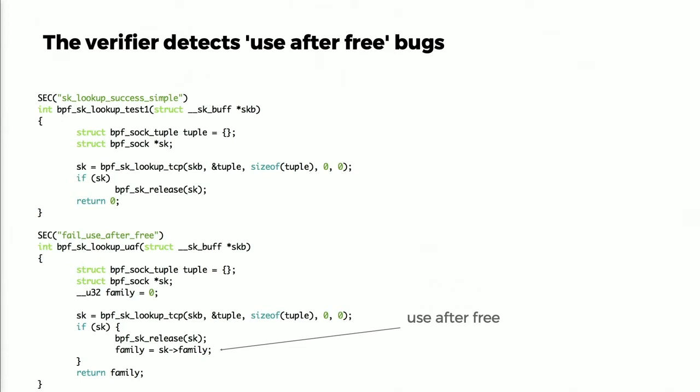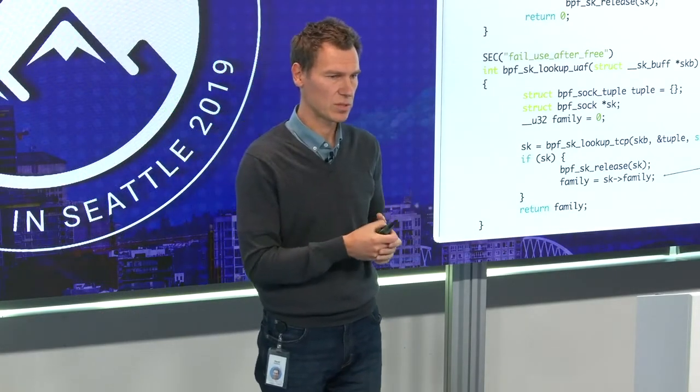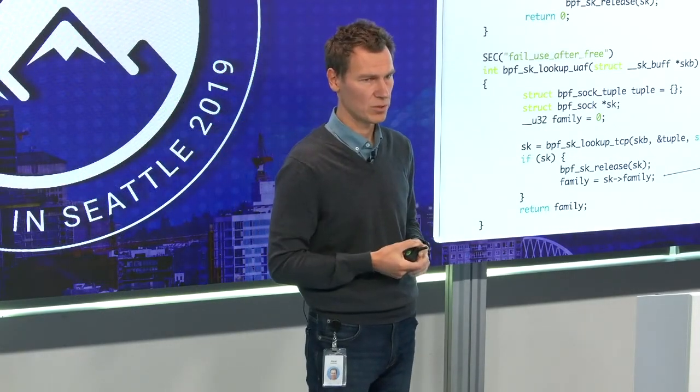It's pretty much a reference counter increment and decrement. But from the use after free perspective, the ref count increment has to be paired with decrement. So the verifier, again, will go through the code and analyze that there is no possible path where the user wrote the program in such a way that it would have a use after free.